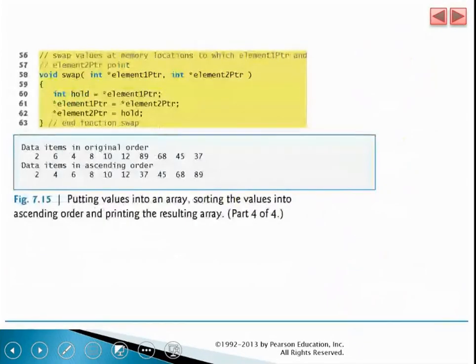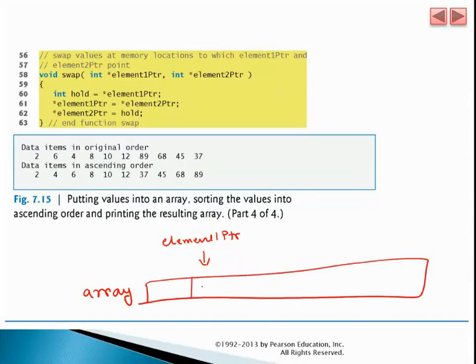No, actually what happens here is, element 1 is pointing to some location. Suppose this is our array. At any point, suppose these are the two locations on which I would like to work. So the element 1 pointer is pointing to the jth location and the element 2 pointer is pointing to the next consecutive location.